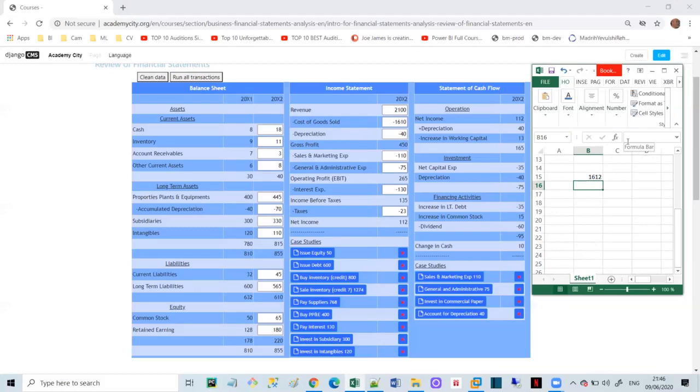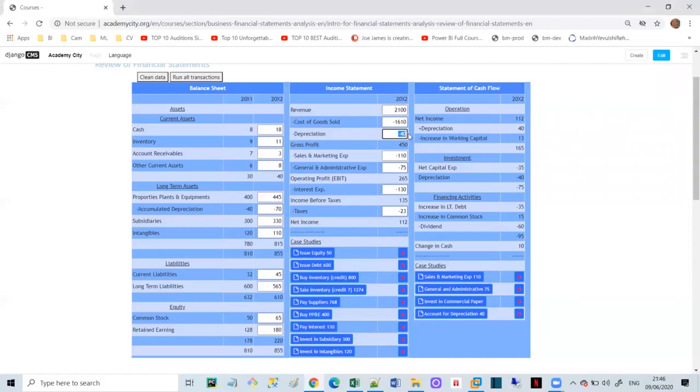This year, again, the depreciation is 40. That's why in the statement of cash flow we see 40 here and 40 here. How did I get 35 here? That's again very simple. I just see the difference. After I subtract the depreciation, the total net went up by 35.